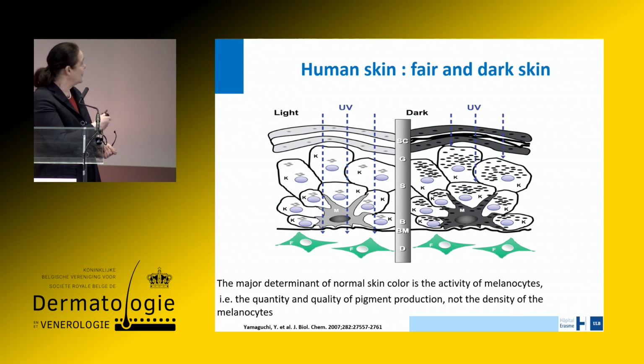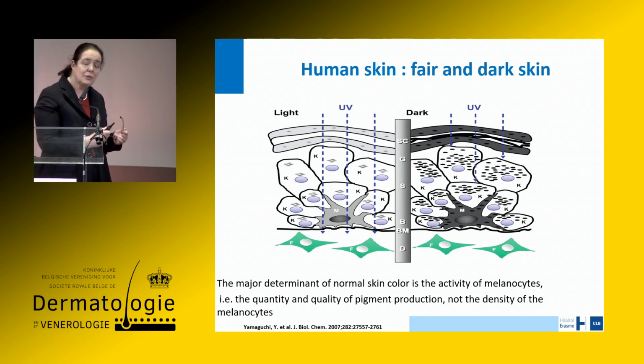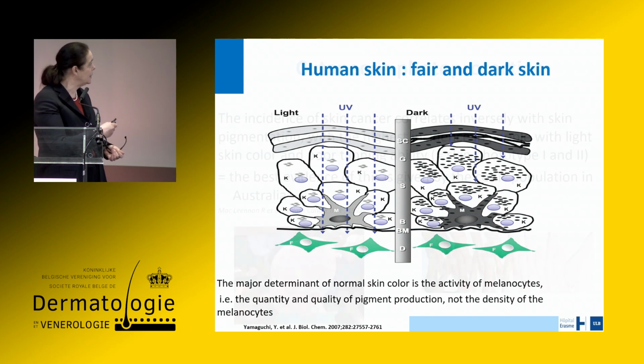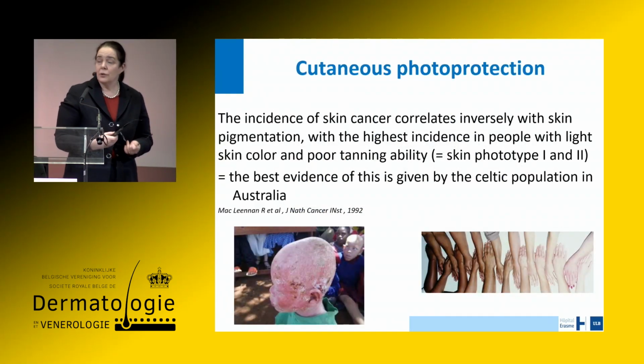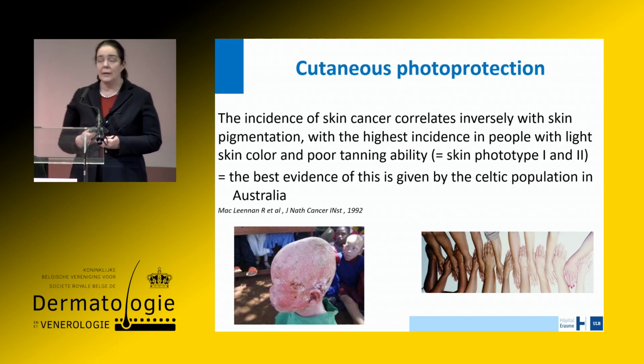The major determinants are the quantity and the quality of the pigment production, but not the density of the melanocytes in the different types of skin. You know that the incidence of skin cancer correlates inversely with skin pigmentation, with the highest incidence in people with light skin color.